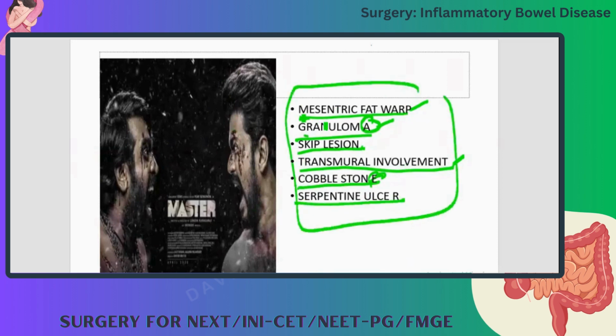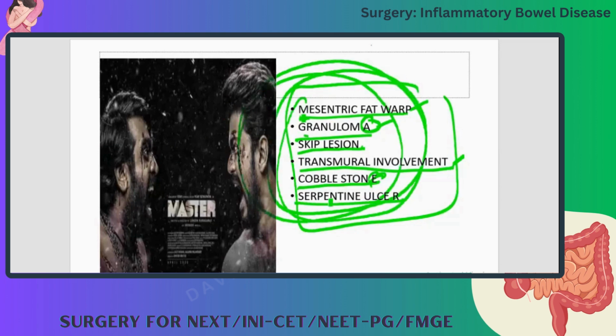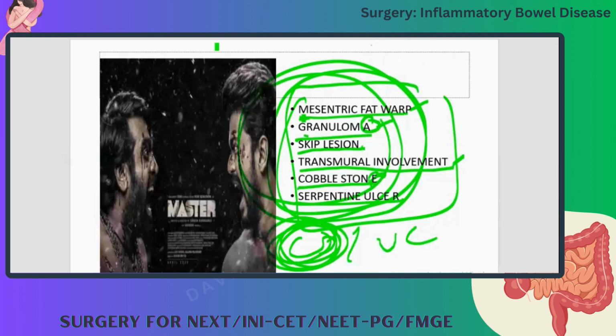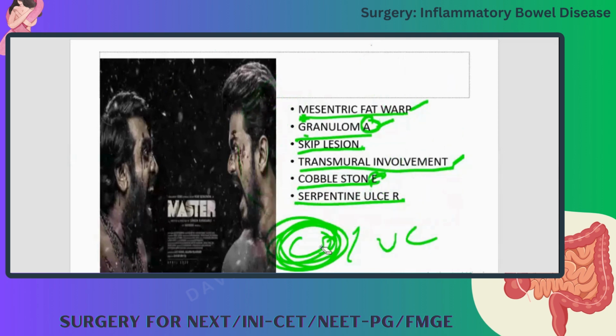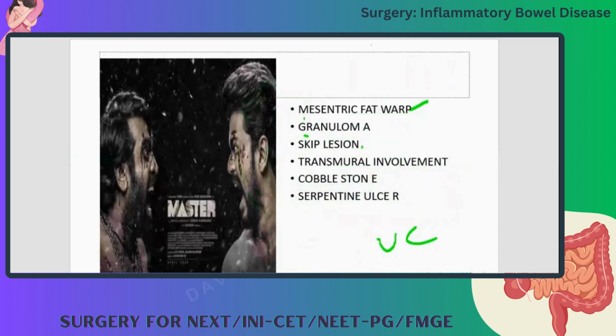You memorize these. Do these 6 findings belong to Crohn's disease or ulcerative colitis? These 6 findings belong to Crohn's disease: mesenteric fat wrapping, granuloma, skip lesion, transmural involvement, cobblestone, and serpentine ulcer.